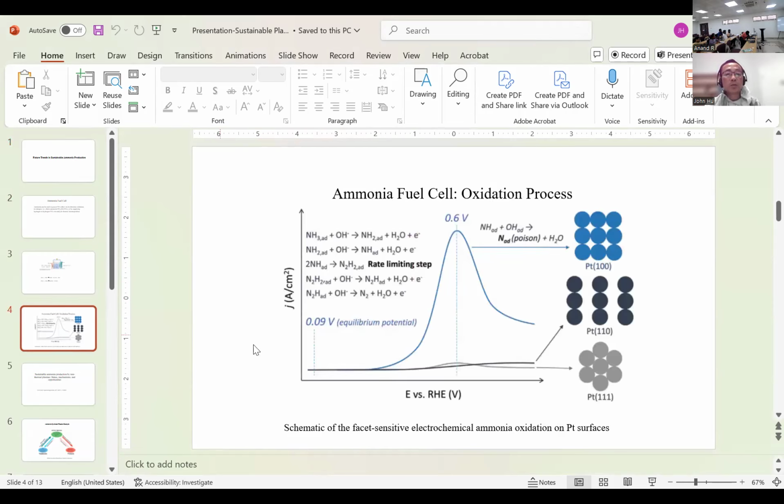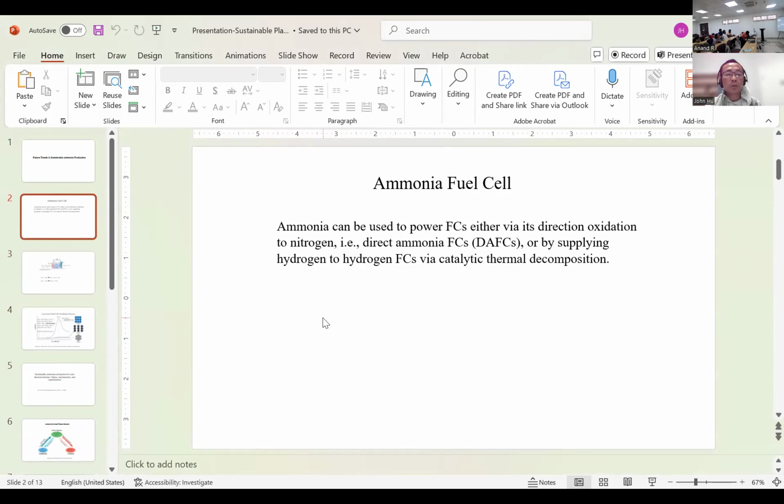In one session we are going to talk about the future trend of ammonia. The other, as a bonus, I'm going to introduce another area we are doing research on, which is, where is my slide?